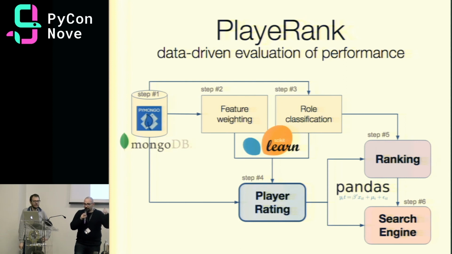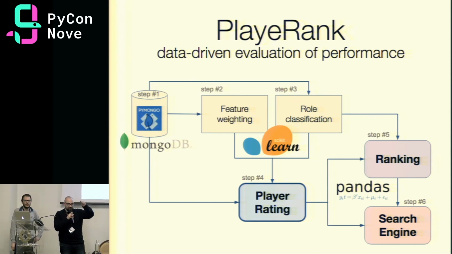As we saw before, if we open the black box of the artificial judge, we can infer the importance assigned to each variable by the judge. We don't have such information in this context, so we have to find a way to automatically infer the importance of every feature, because, of course, a goal is much more important than just a pass at the center of the field.